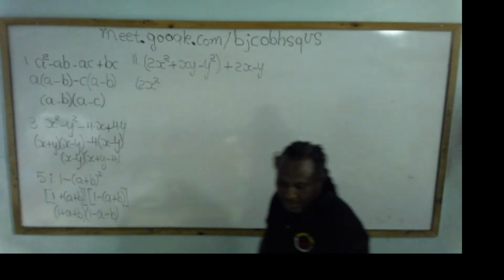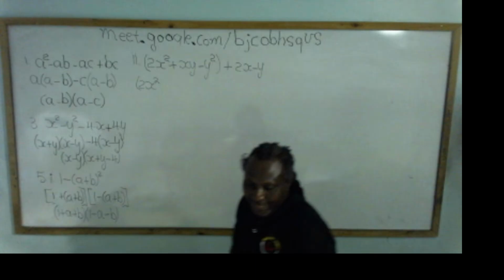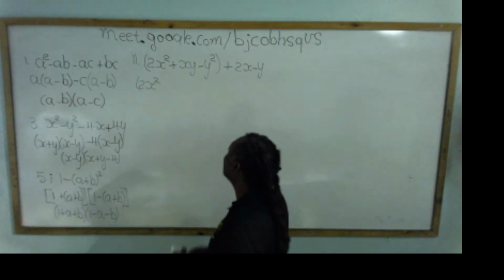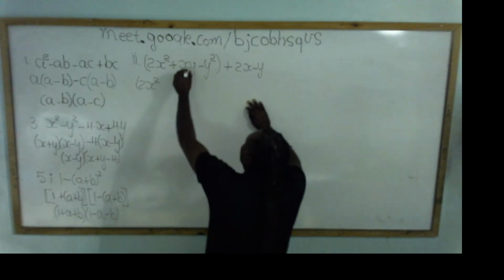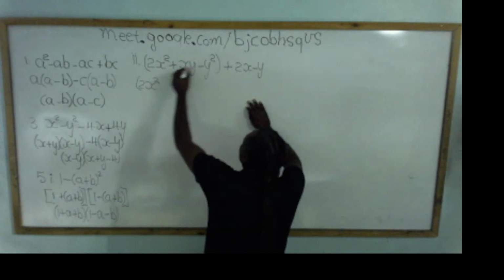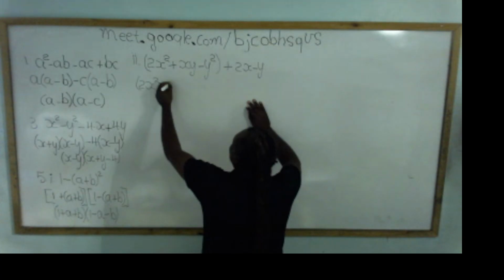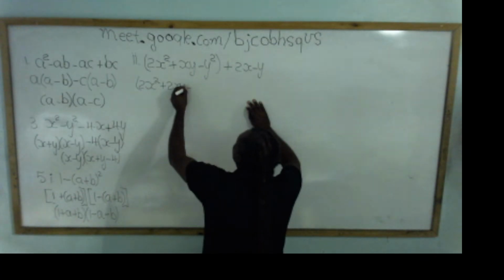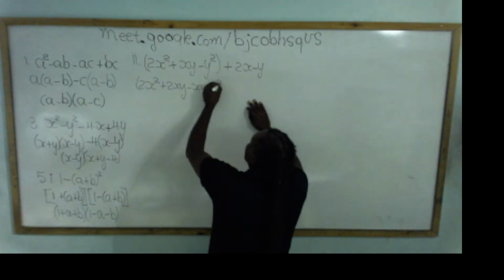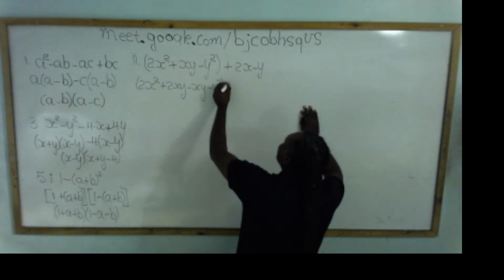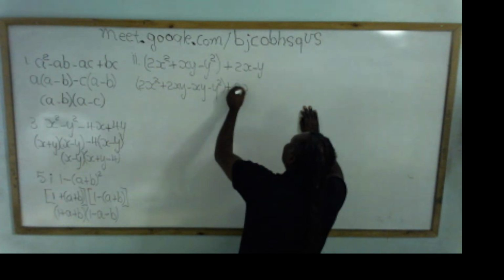The product is -2 and the sum is +1. So the two numbers are +2 and -1. Those will be the coefficients here. A plus 2xy, a minus xy, a minus y squared. Then plus 2x minus y.